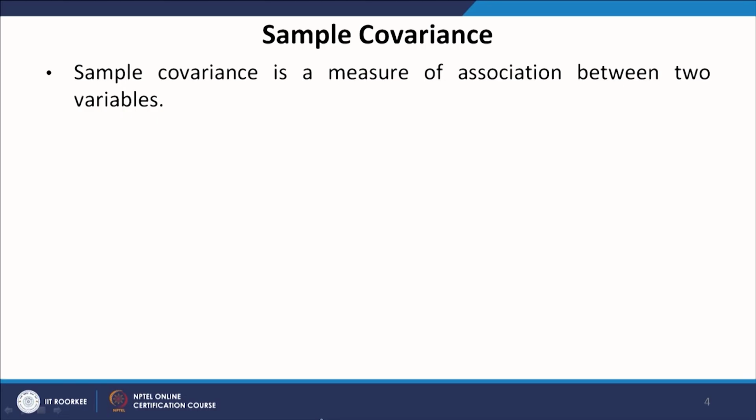So, we had introduced estimators, the concept of estimate, and then examples of sample estimates of population mean and sample estimates of population variance. Now we talk about first of all sample covariance. Sample covariance is a measure of association between two variables. So far we were dealing with only one variable, now another variable is brought into the picture.